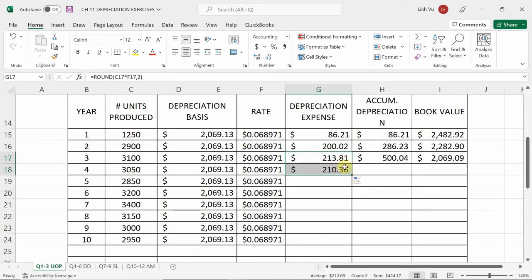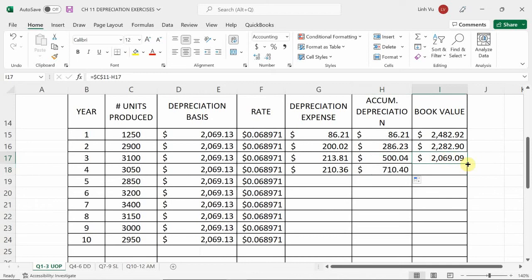$210.36. All right. What's the accumulated depreciation? $710.40. Good.